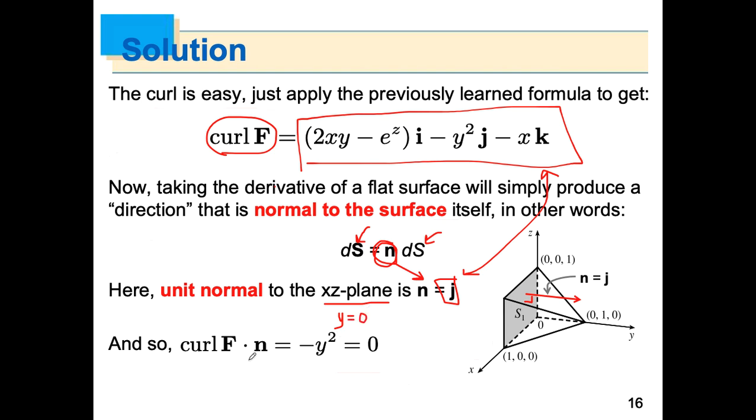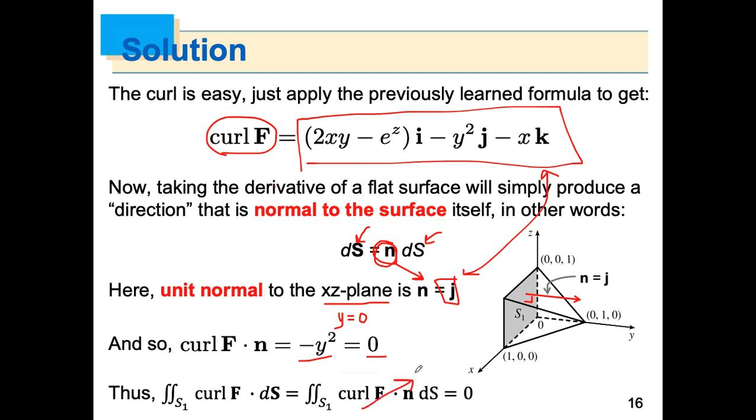So that means on the xz plane, if my dot product is an expression with only y involved, we're just going to get 0. Thus, we simply plug it into our double integral, our surface integral. This is simply just going to be 0. That means this goes to 0, and the antiderivative of 0 is simply going to be just 0.